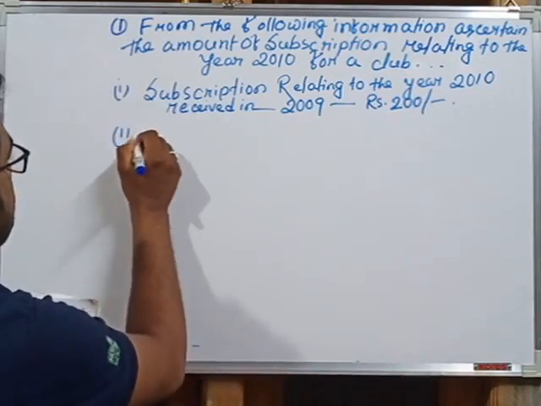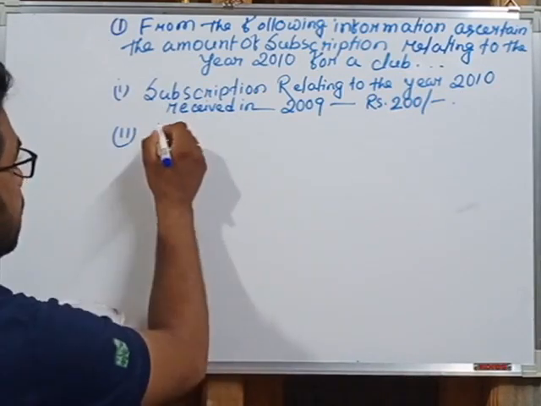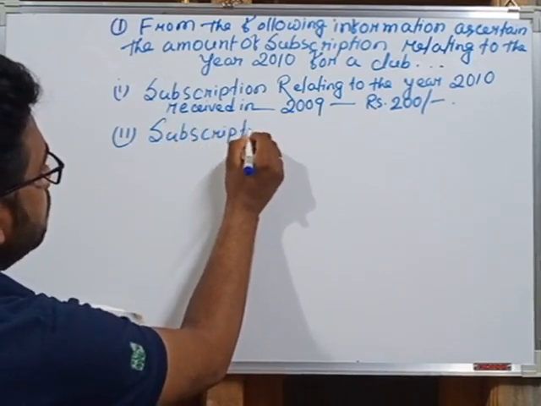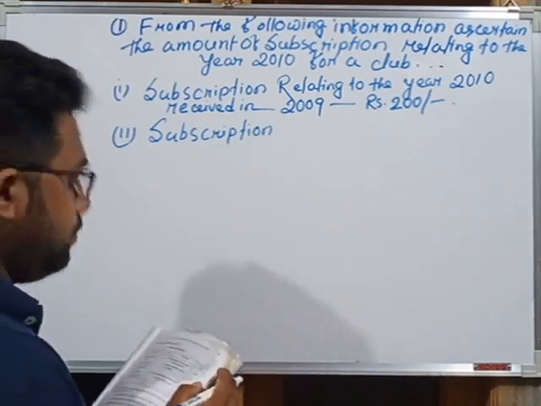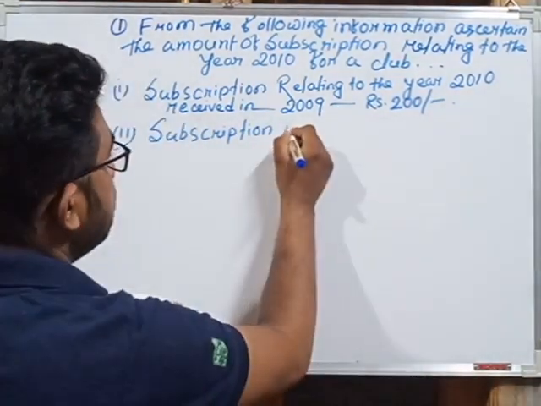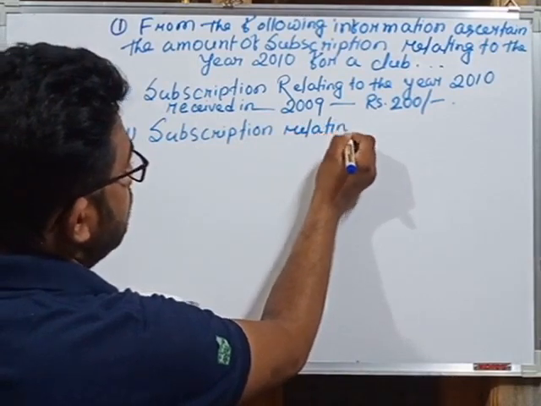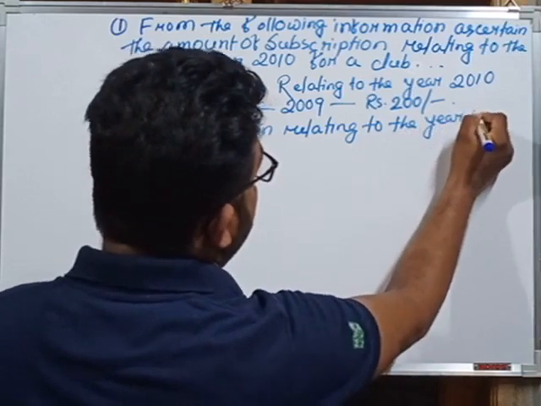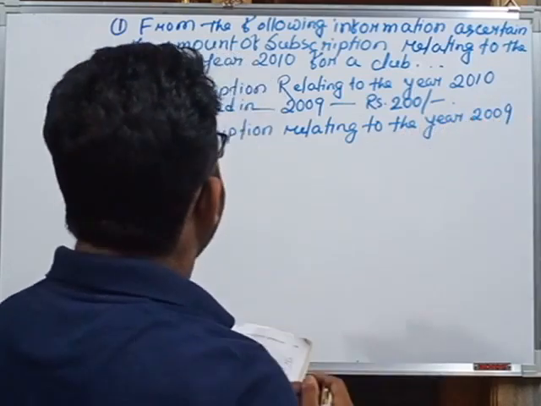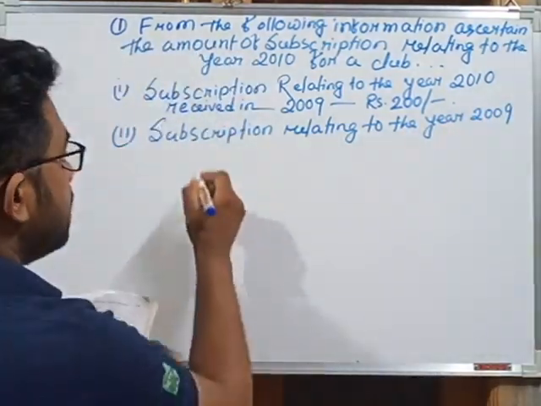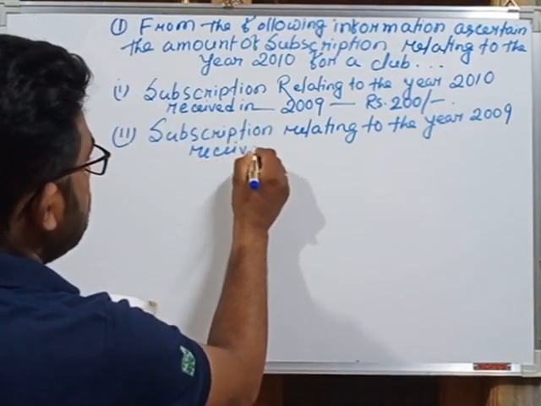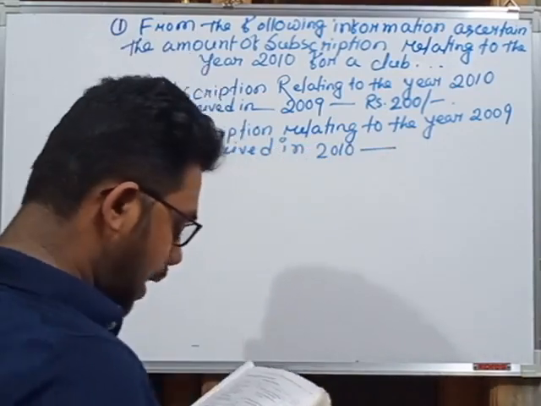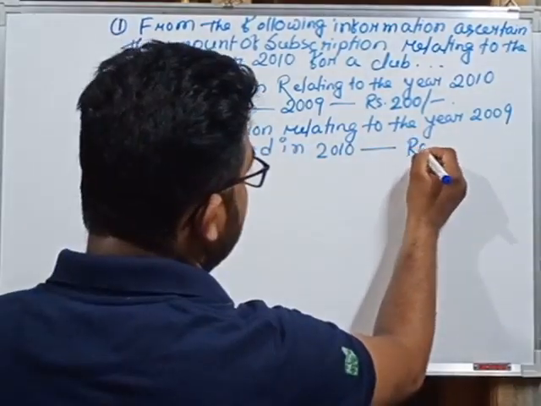Then subscription relating to the year 2009 received in 2010. And the amount is rupees 500.